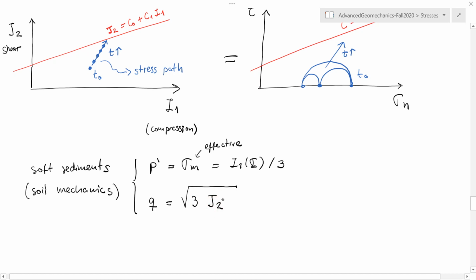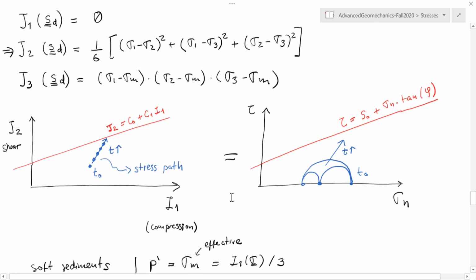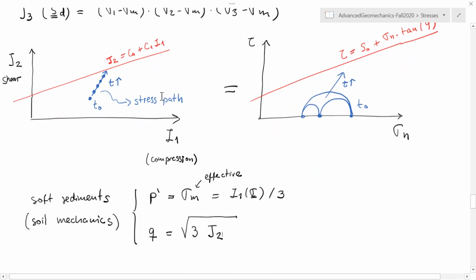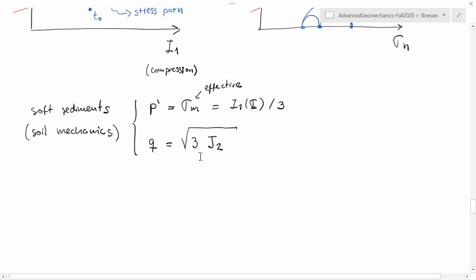Notice that J2, if we look at the equation again, has the units of stress squared. So if we want to get that in units of just stress, we need to take the square root of that.